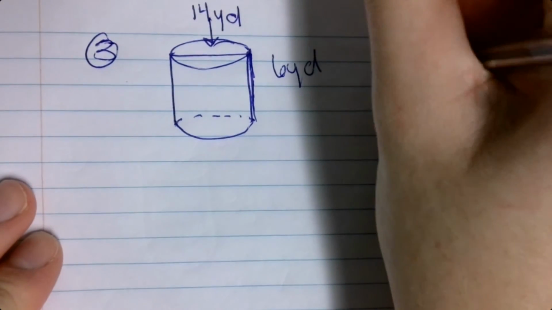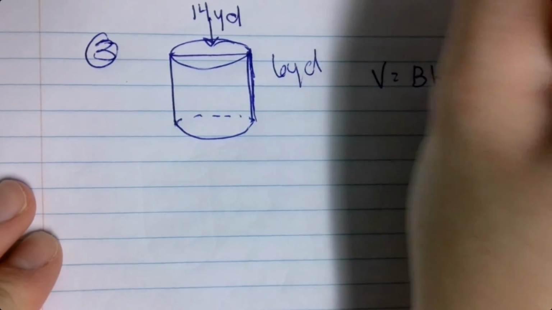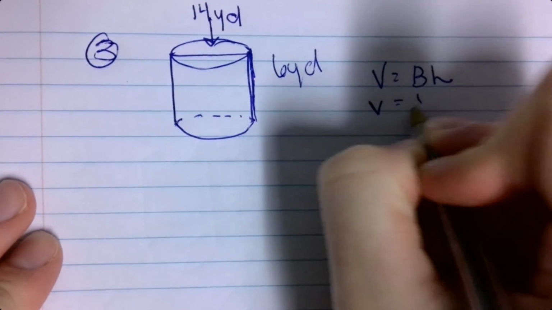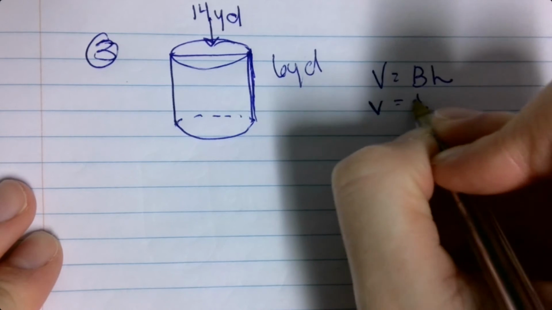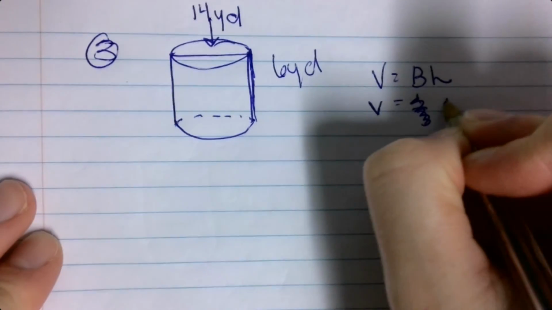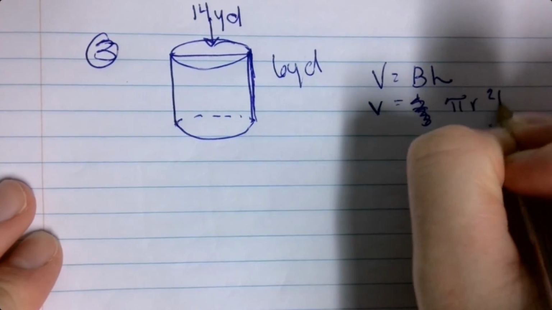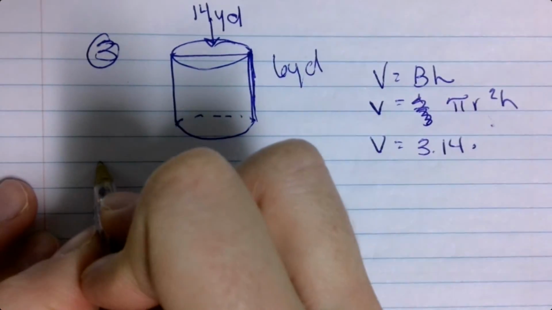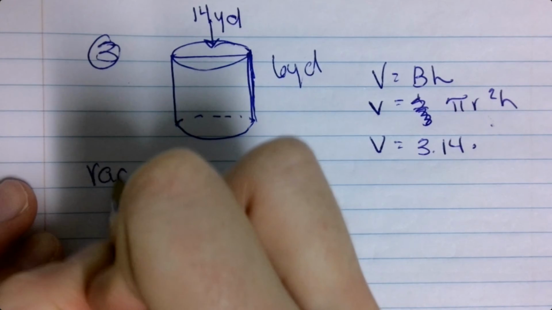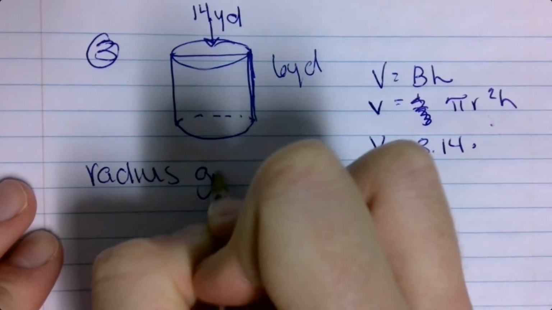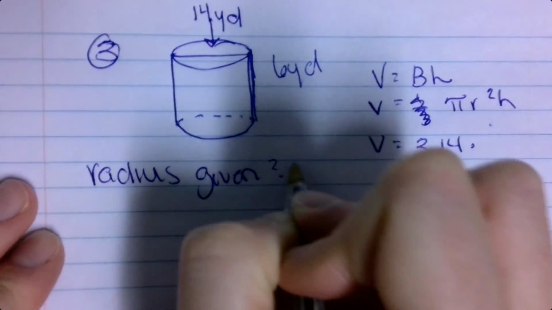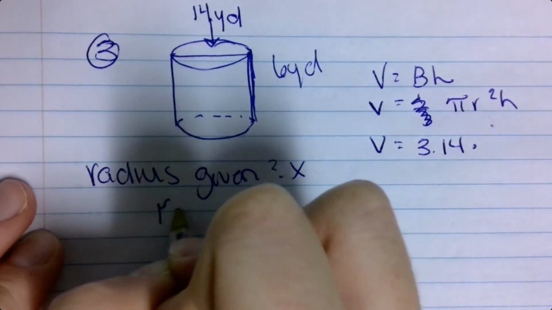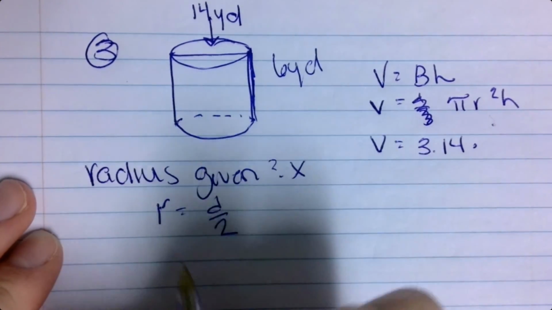Welcome back. We should have had pi r squared h, 3.14 times, we were not given our radius. So that would have been r equals d over 2.